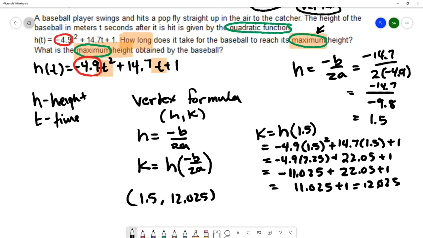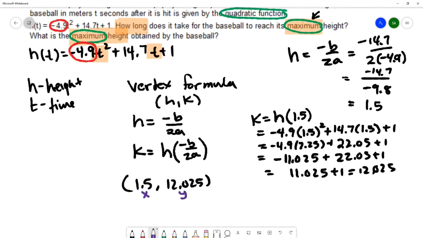So we want to make sure we know what these values mean. Ordered pairs are typically x and y values. In this example, x and y weren't used. We have t and h.